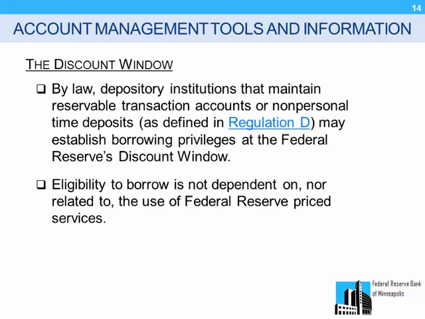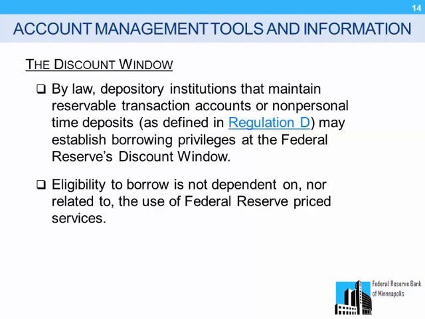Eligibility to borrow, however, is not dependent on whether or not you use Federal Reserve services or if you even have an account here at the Federal Reserve. You can establish access to the discount window, and have any loans and associated repayments settled through a correspondent.